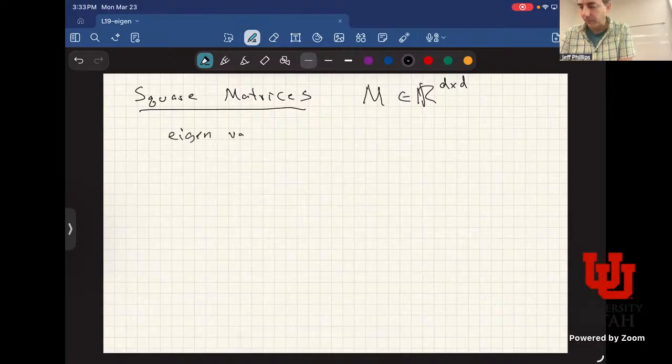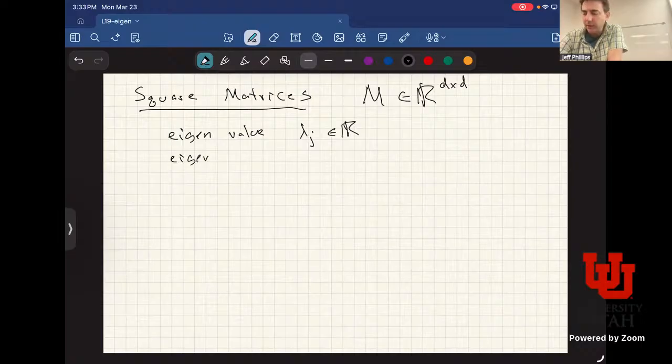Now I can define an eigenvalue of M, which will be a lambda j, just a real value, and an eigenvector, which will be Vj, a vector in R^d.